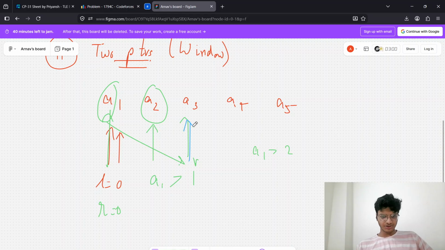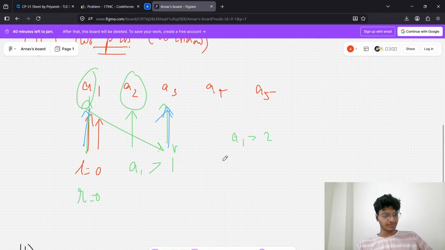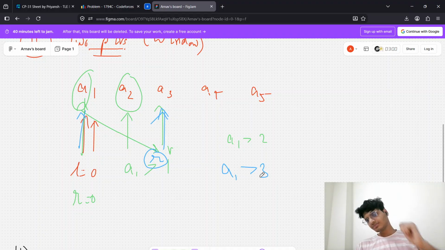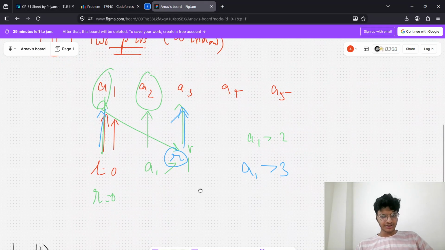This is our L, and here we are at R. So we will again check is A1 greater than 3 or not. We found that it is not greater than 3.